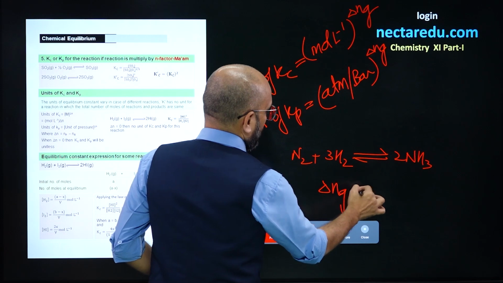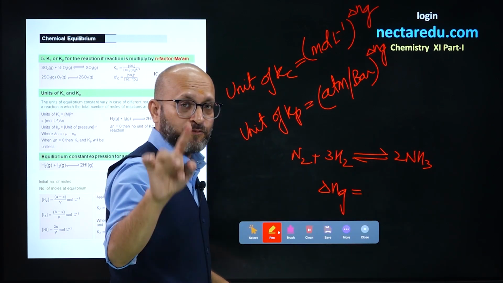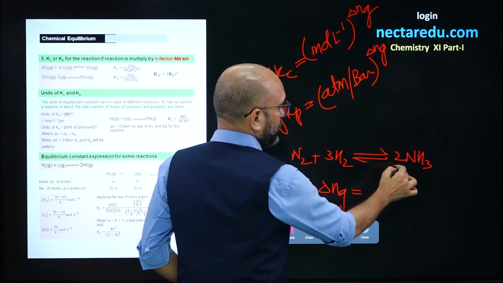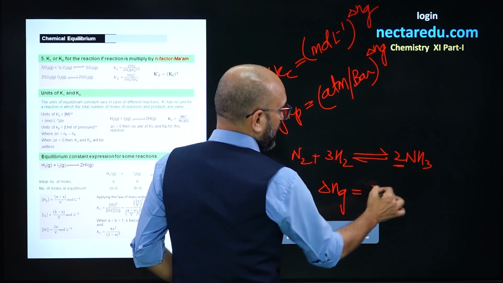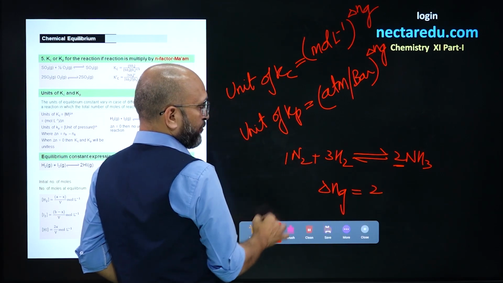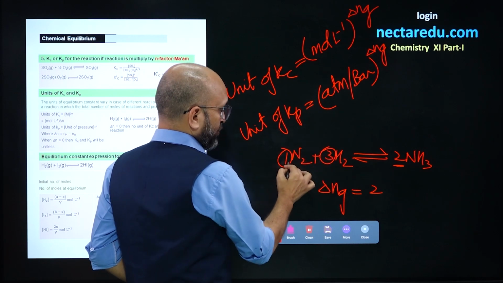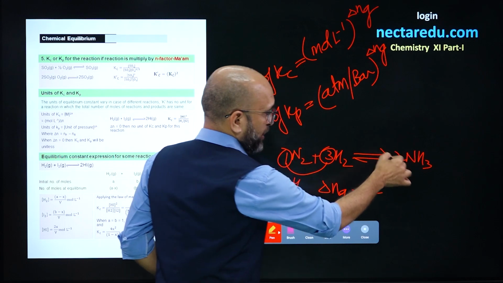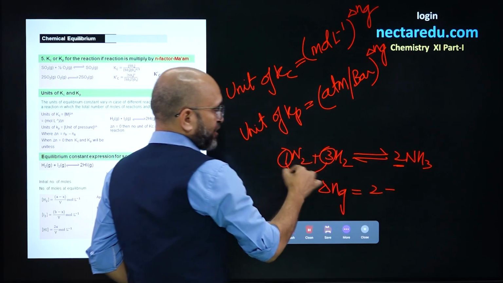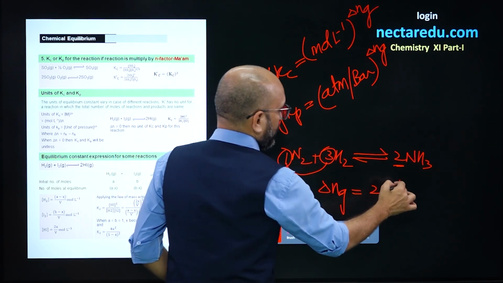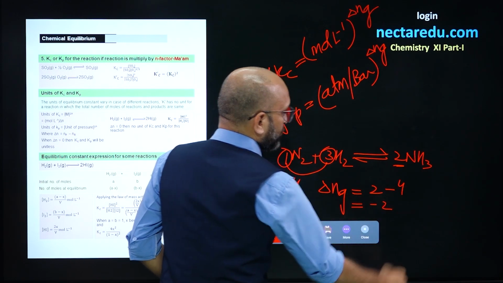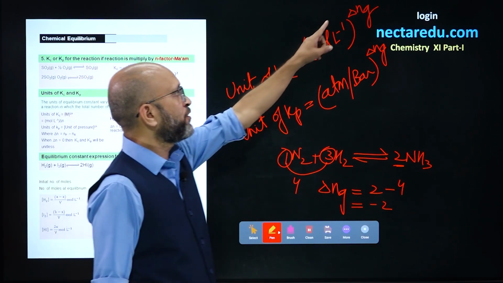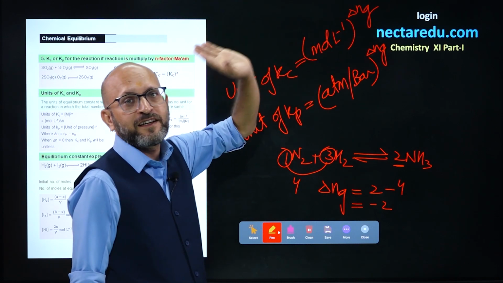Total moles of gaseous product is 2. Total moles of gaseous reactant, 1 mole of nitrogen and 3 moles of hydrogen, so total is 4. So delta Ng is 2 minus 4, this is minus 2, right? So you have to put delta Ng as minus 2, and you will get the unit.